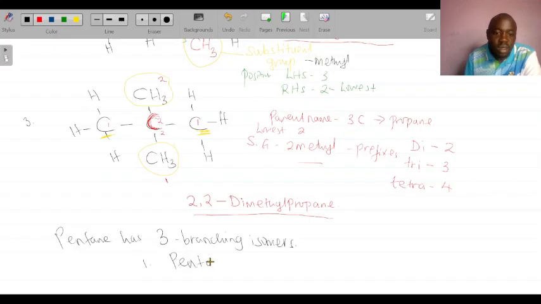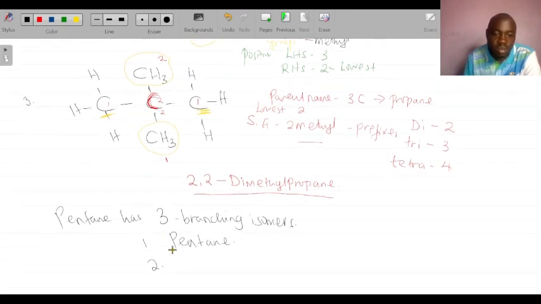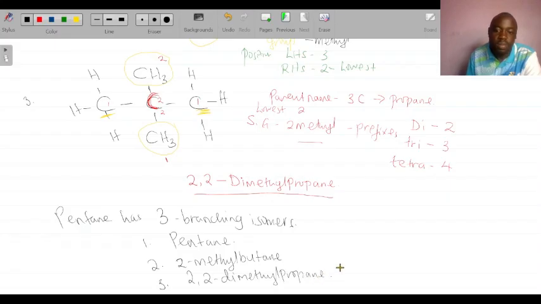The first one being pentane, the second one, what we saw as 2-methylbutane, and the third one is what we are calling 2,2-dimethylpropane. So that is how we can be able to show isomerism in pentane.